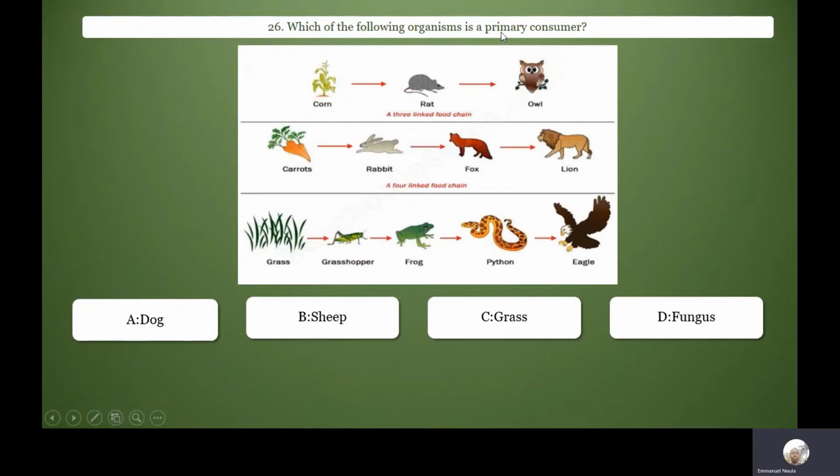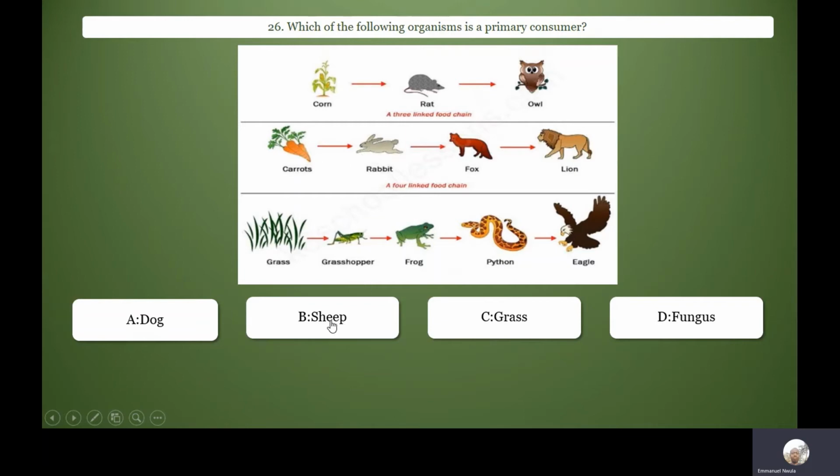Which of the following organisms is a primary consumer? The correct option, when you look at primary consumers, they feed directly on the producers.